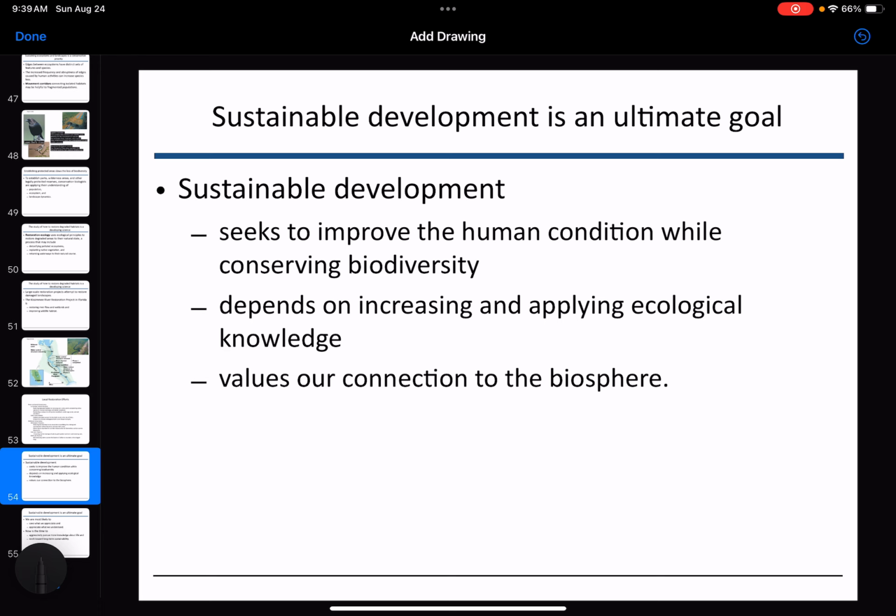And so there's a variety of ways in which investing in conservation leads to informing us about sustaining these practices for our benefits.